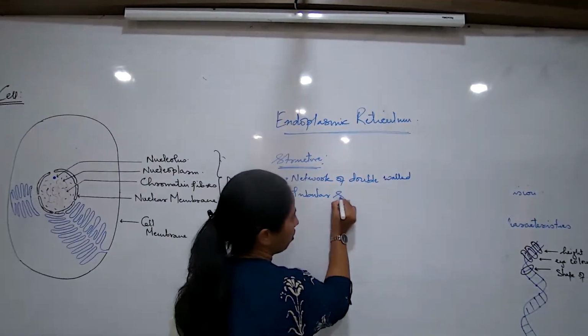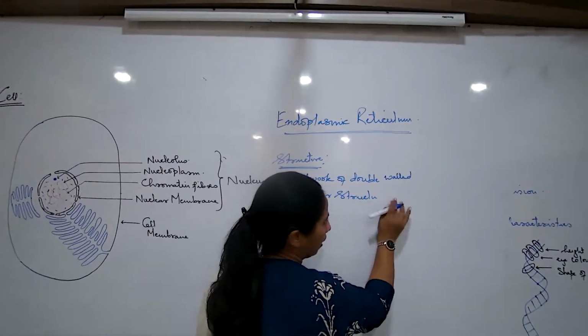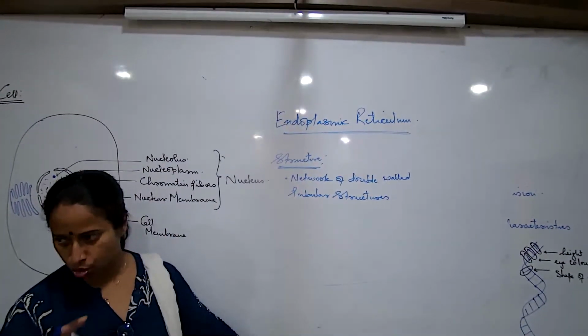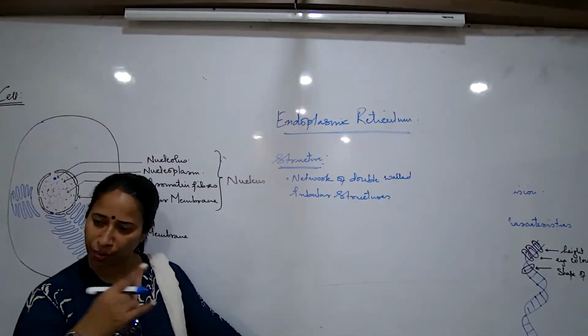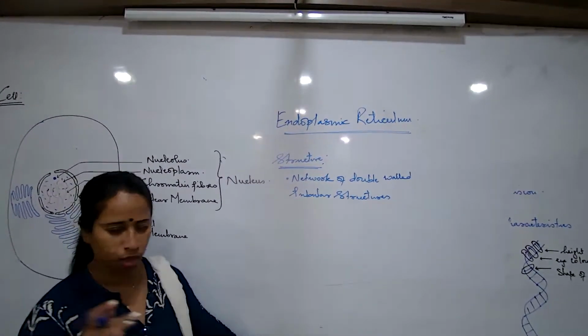Now, this network of double-walled tubular structures, where are they present? Location can be two locations. One is connecting the nuclear membrane to the cell membrane, or only present in the cytoplasm.